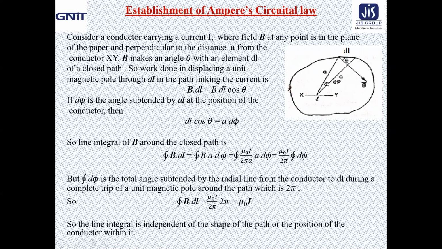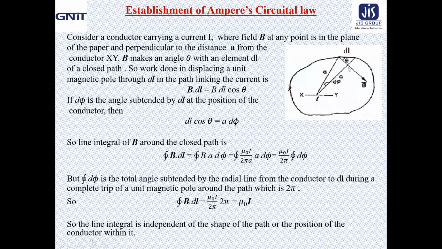Now, if d phi is the angle subtended by dl at the position of the conductor, listen very carefully. Two angles we are considering here, theta, and now d phi. If d phi is the angle subtended by the current element dl at the position of the conductor at any point, then dl cos theta is equal to a into d phi.